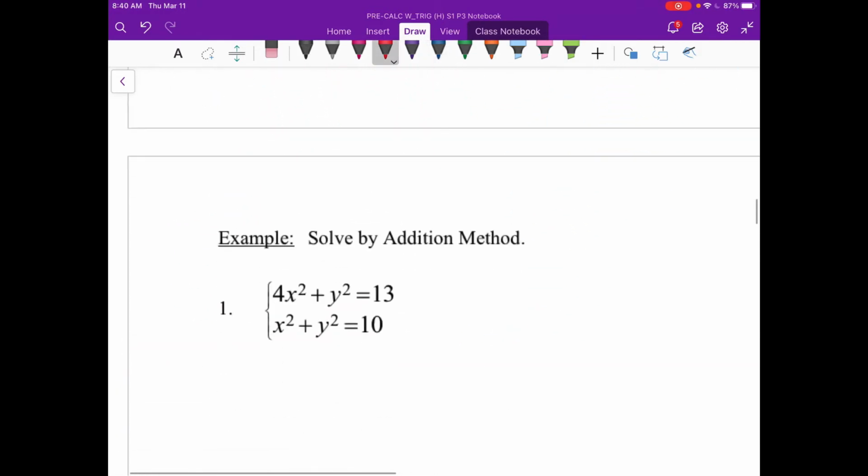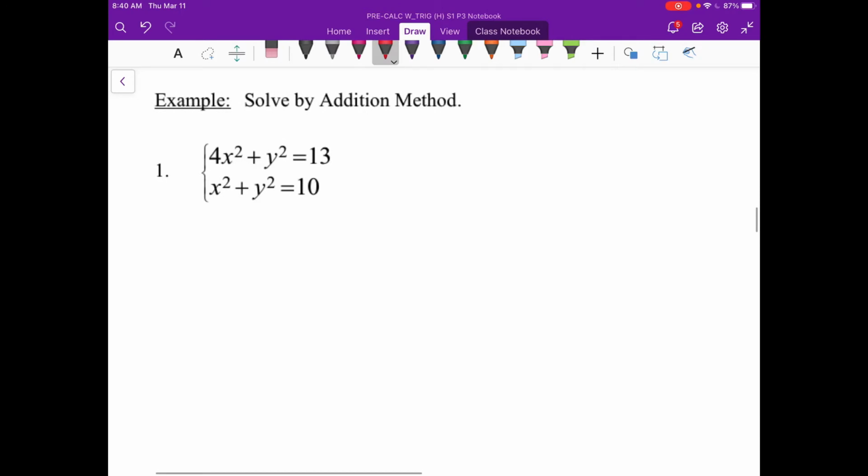All right, let's go into solving using elimination. So you might see this as the addition method, know that it means that we are eliminating as well. So remember, with elimination, you want to make sure that you have the same term but with opposite signs, so that when you add them, essentially they're going to cancel out.